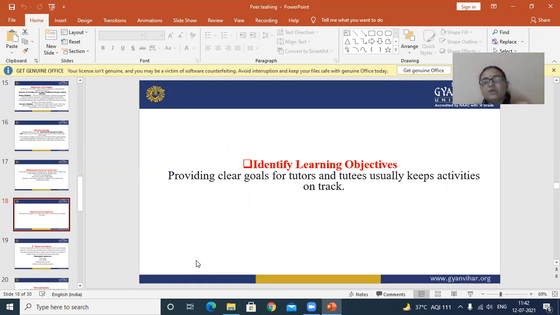Identifying learning objectives, providing a clear goal for tutors, and tutors usually keep activities on track.